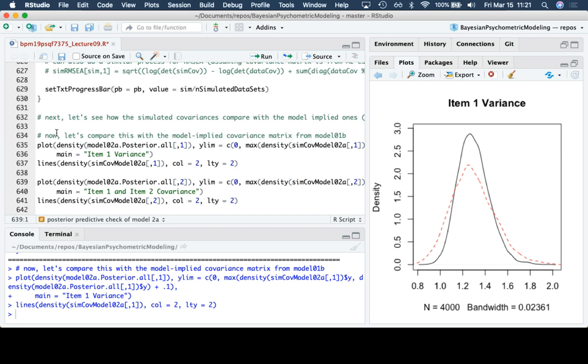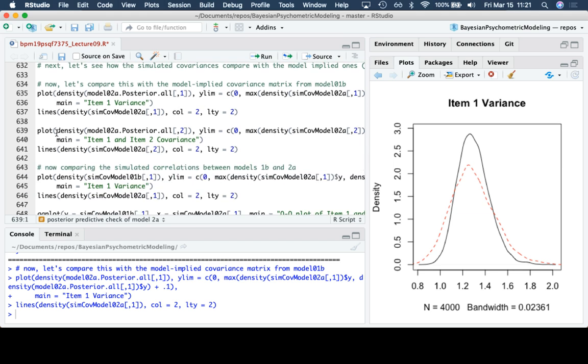The black line did not have the simulated data function. The red line took samples from the black line, simulated data, calculated the covariance. And you'll see the tails are thicker, and that's the sampling error that we see there. So if we had more people, they'd match more? It would be very close. That's right.